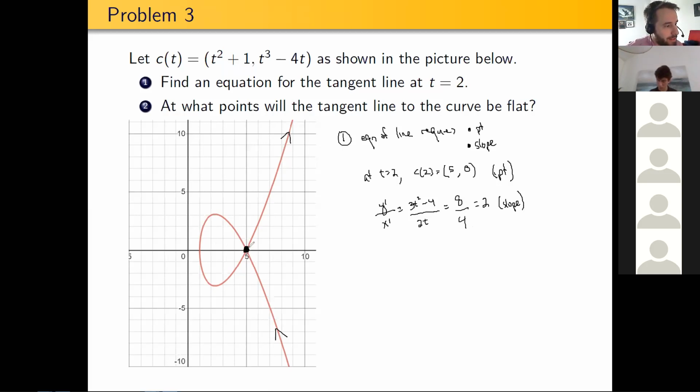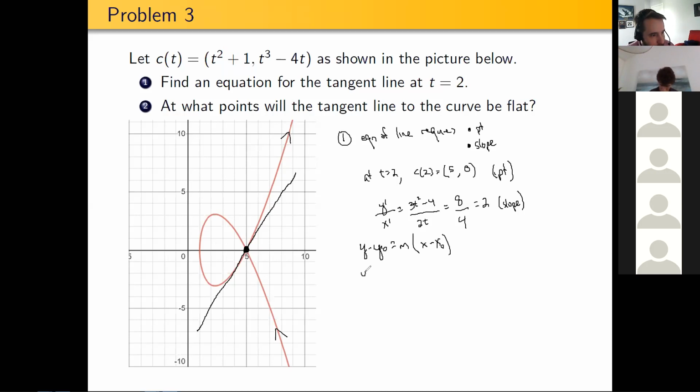And so what that means is that here's our point, here is our slope. It means that we're going in this direction. So this is our line. Let me draw that one more time. Our tangent line is going to be this one. And then the equation of the line is given by the point-slope form of the line, right? So that was y minus y naught equals m times x minus x naught.